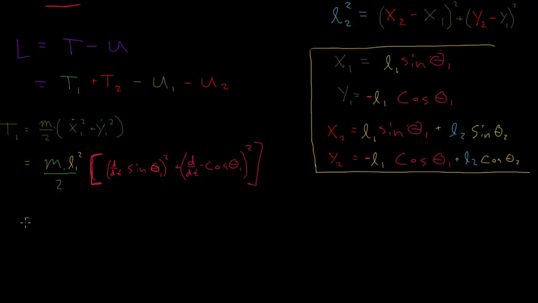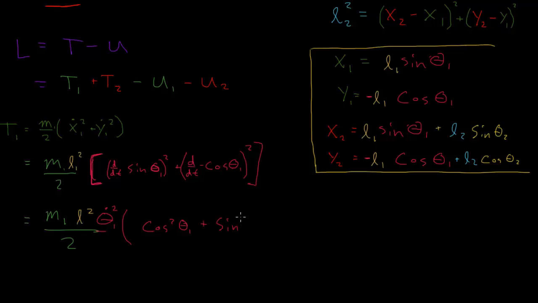So we'll get T1 equals m1 over 2 L squared times theta 1 dot squared. And then if we look at what's left in here, we took the derivative of sine, got cosine, so there would be a cosine squared theta 1 here. And then the derivative of negative cosine is sine.